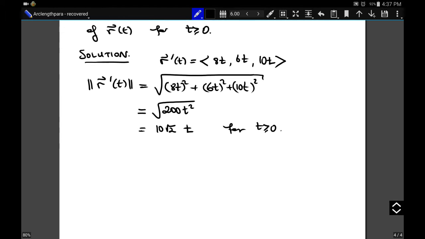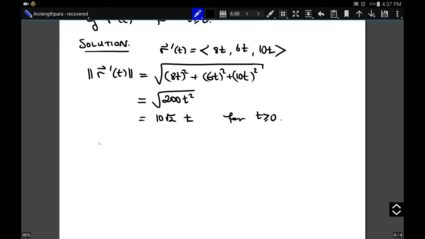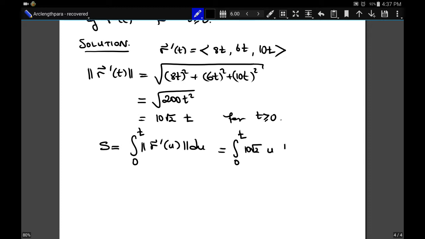Alright, so next I will look at S, arc length, from 0 to t, because t changes from 0 to t, of the magnitude of r prime of u du. That would be from 0 to t, r prime of u is 10 square root 2 u du.